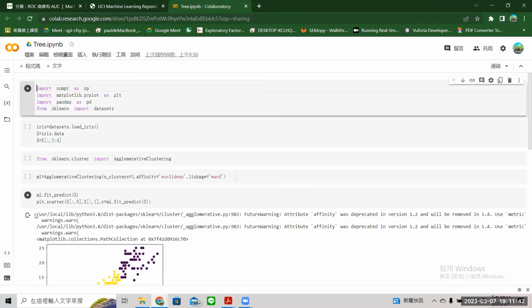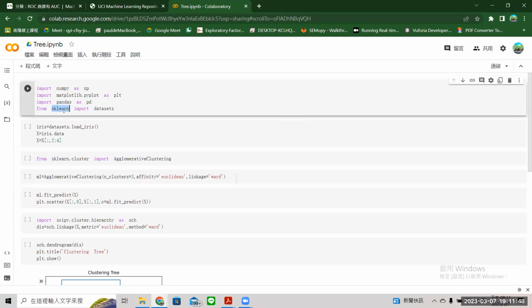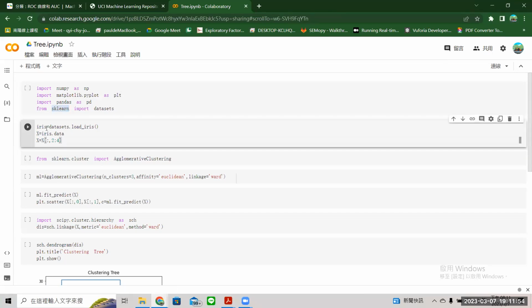Again, you can see I import the data set from sklearn, datasets, and load iris. It's from this library.